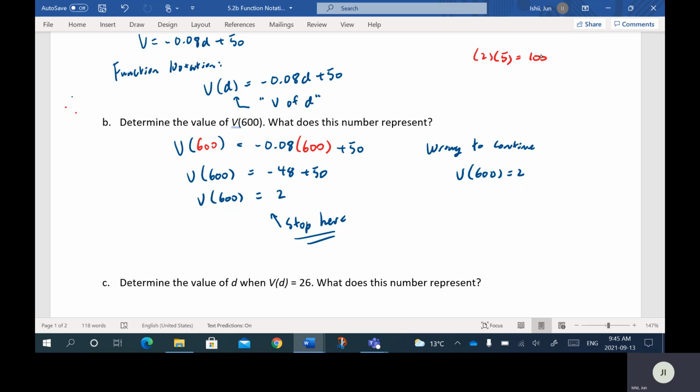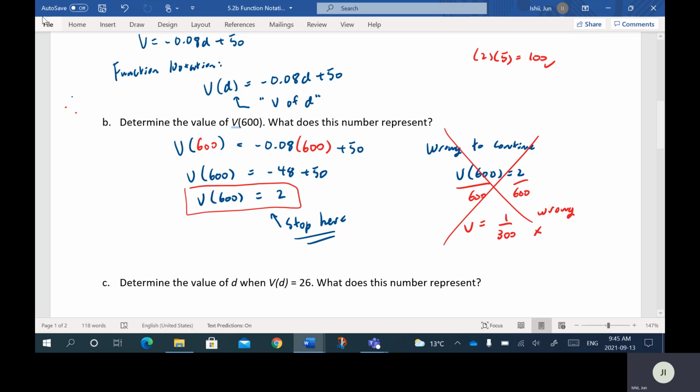This is true, but once you get to this point, you stop. Do not divide both sides by 600 and think that V is equal to 1 over 300. That is wrong. When it comes to function notation, this is your final step. That is your answer. Stop there. Do not continue on.